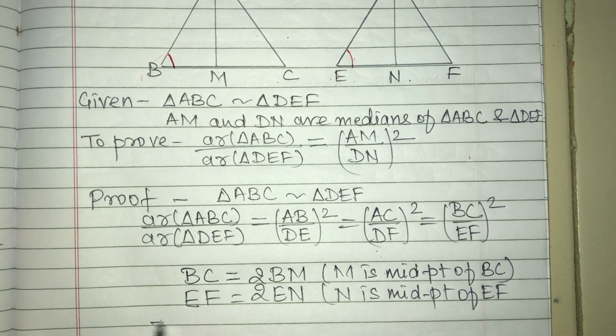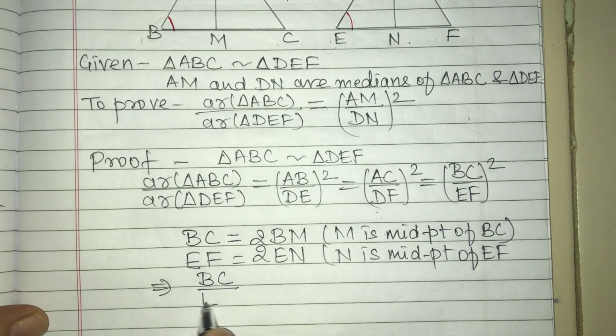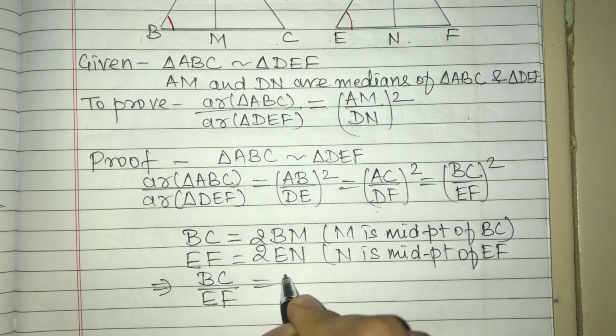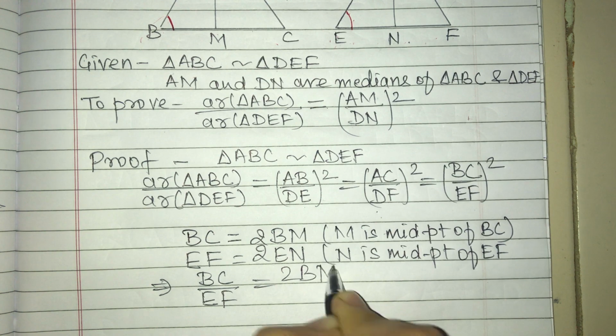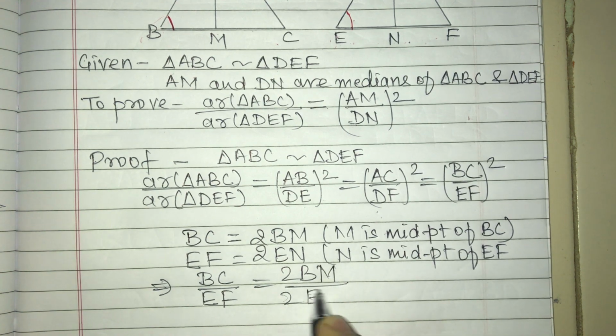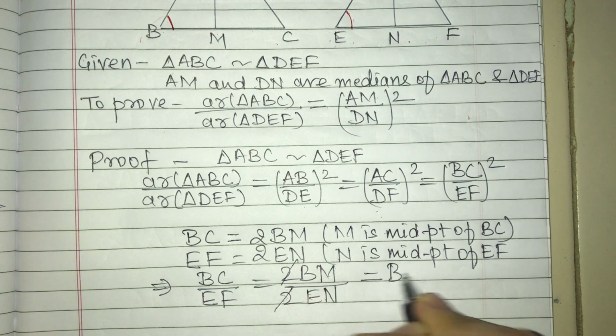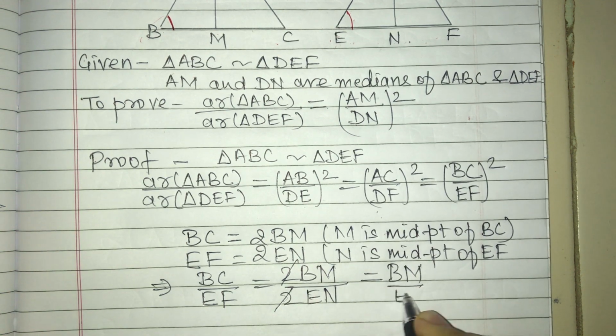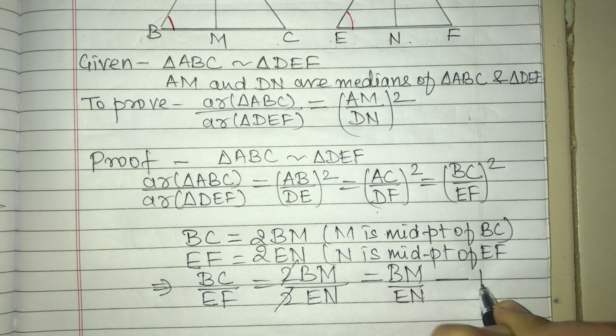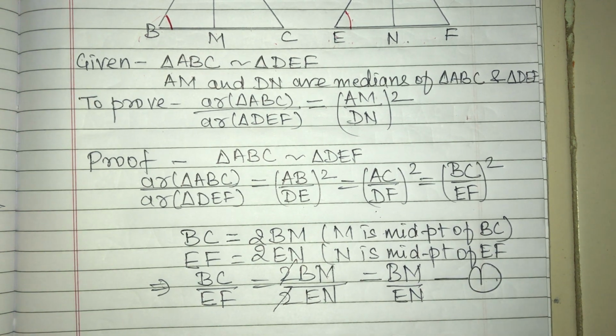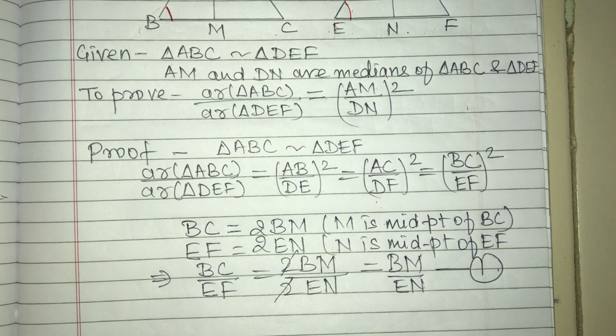So this means BC upon EF equals twice of BM upon twice of EN. The 2 cancels out and we get BM upon EN. So this is the condition. I am taking this as equation number 1.